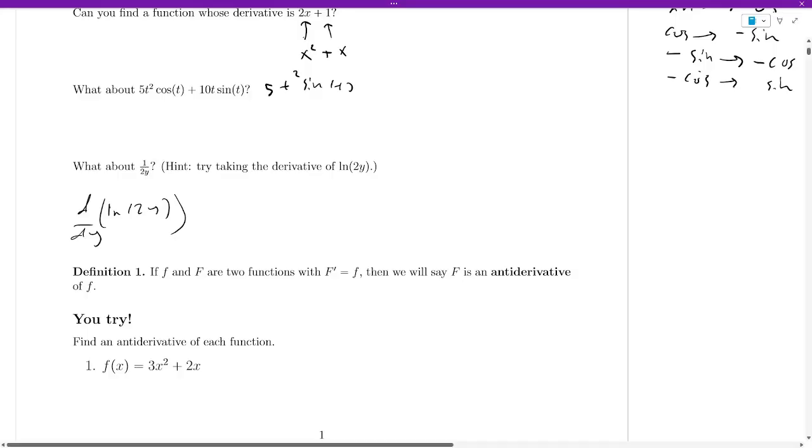So another derivative rule we might remember is what happens to ln. So ln x goes to 1 over x. That's the derivative. And here it's ln of something. So we have to remember how to do the derivative of one function inside another function.